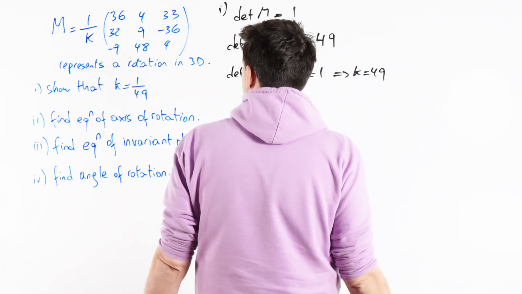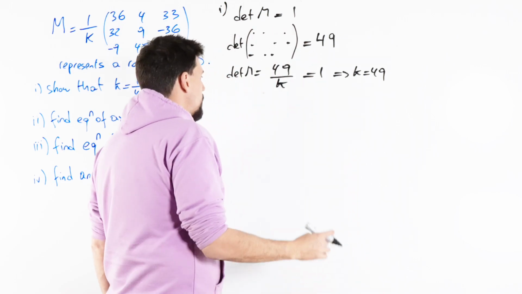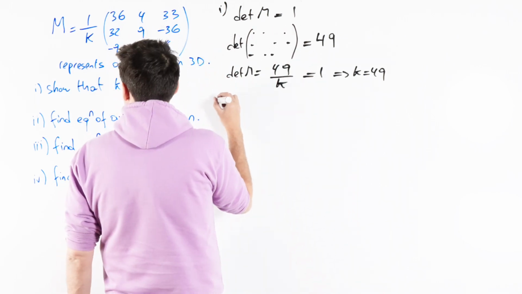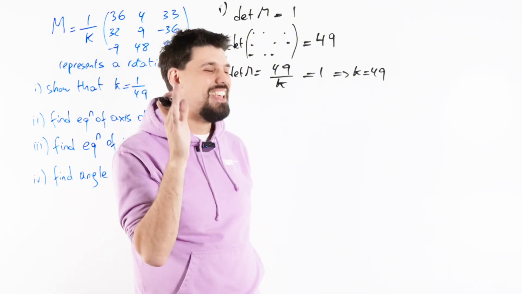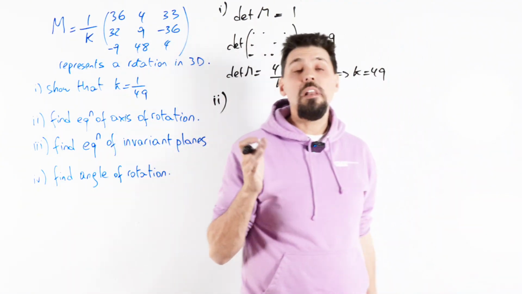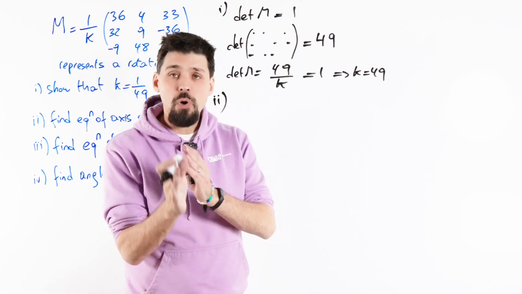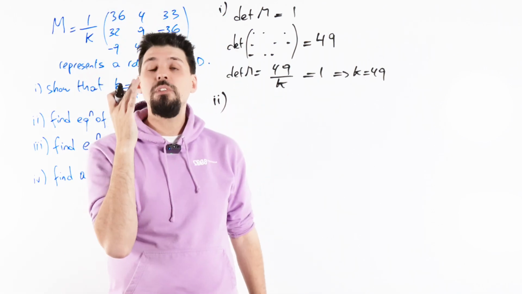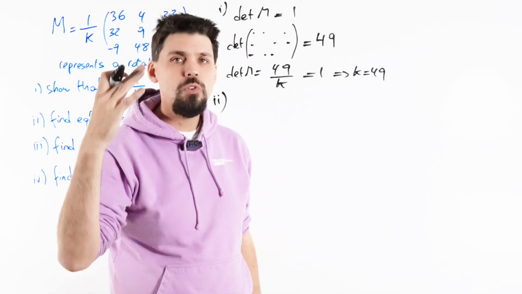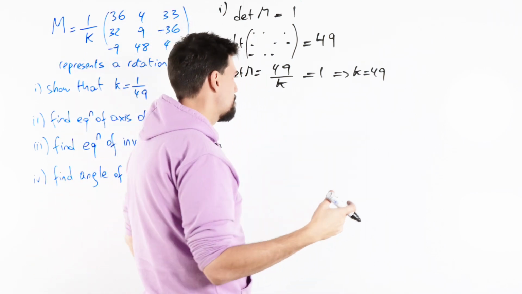Okay. Now, let's find the axis of rotation. The axis of rotation is a line of invariant points. If you are on the axis of rotation, you will not rotate. So we want to find those points that do not rotate.